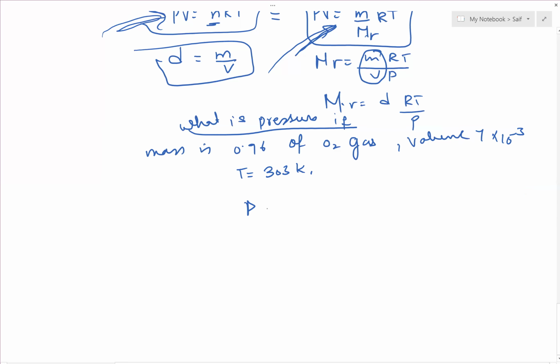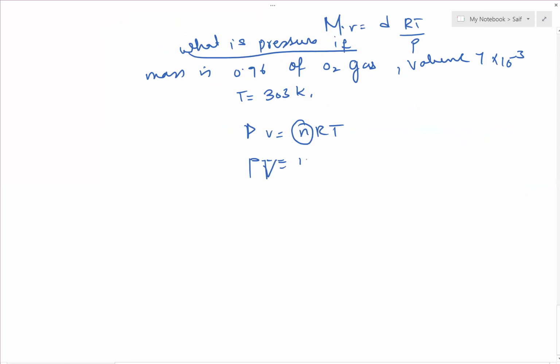As we know, PV is equal to nRT, and n is what? PV is equal to mass over MR times RT. Mass is given as 0.96 divided by MR, which is 32, since oxygen is 16 into 2.